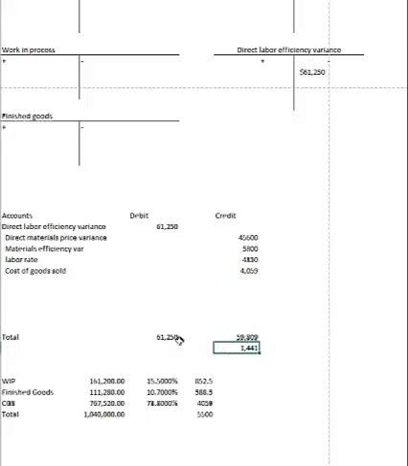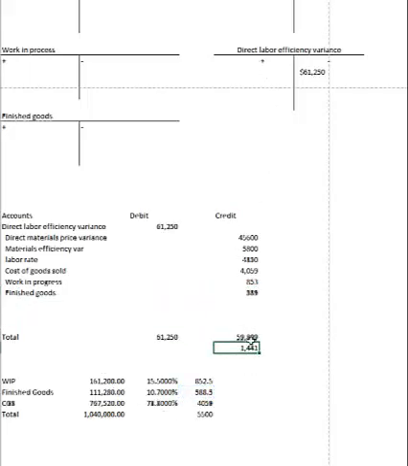You can see my journal entry doesn't balance. I need more credits. I need to go to work in process, work in progress, same thing. WIP is $852.50, and then lastly we go to finished goods, and the finished goods amount is $588.50.